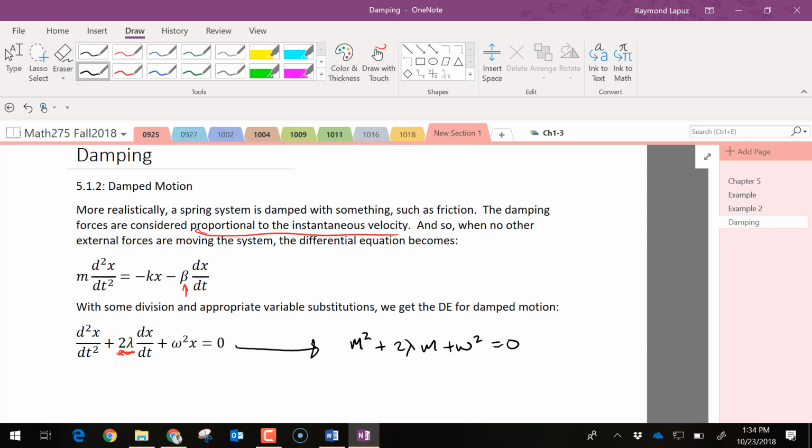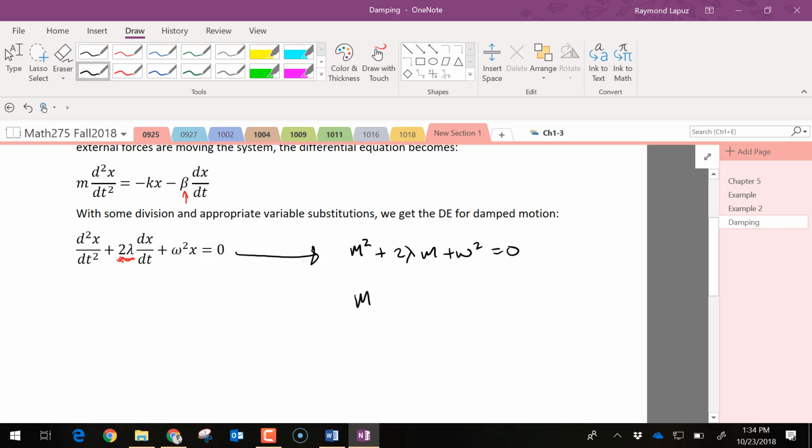Let me write it out first. m is equal to negative b plus or minus the square root of b squared minus 4ac all over 2a. And then if we just focus on what's inside, then what's inside is going to be telling of how our system is going to look like.